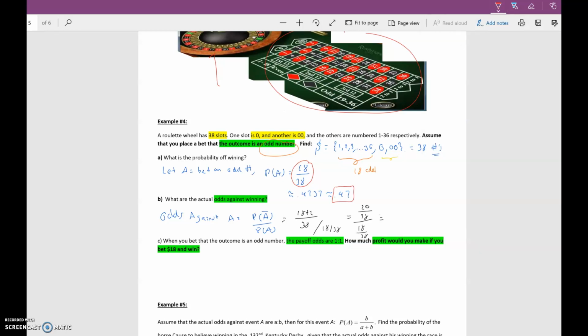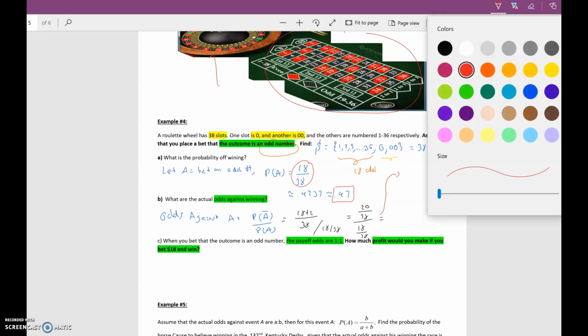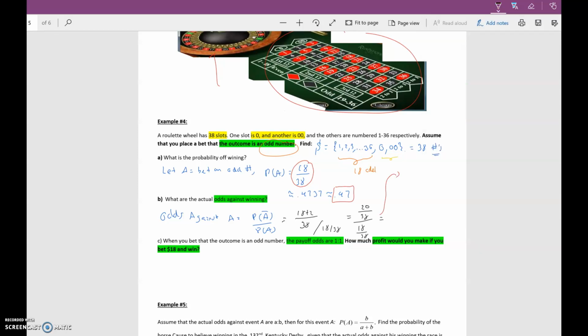It's going to simplify to, so this is equivalent to 20 divided by 38 divided by 18 divided by 38, which is equal to 20 divided by 38 times the value of 38 divided by 18.